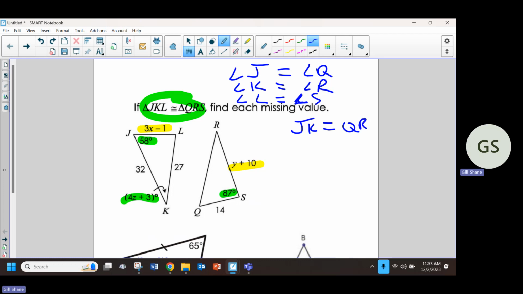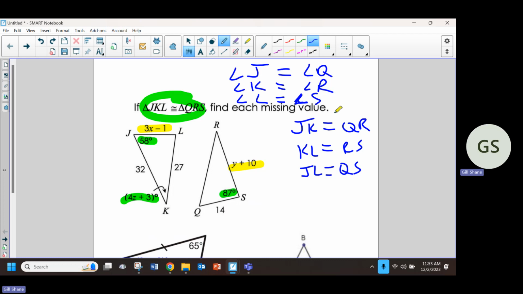Those are the first two letters in both sets of letters. So they have to be the same measure, the same length. KL, same thing, would be congruent to RS. And JL, so I'm using the first letter and the third letter, would be congruent to QS. All of that has to be true before I even look at the images.